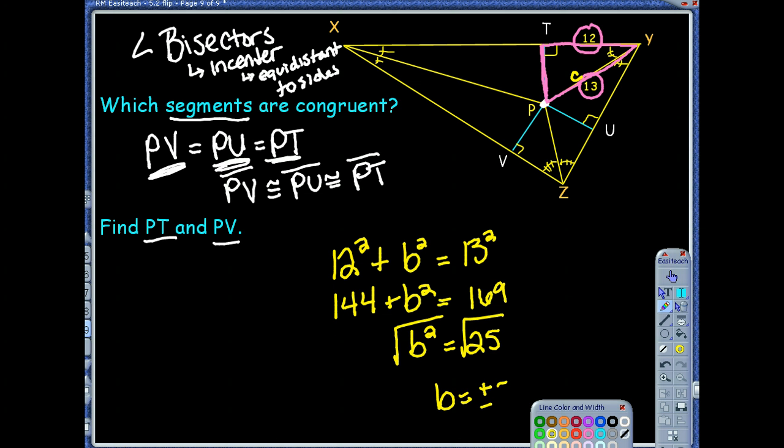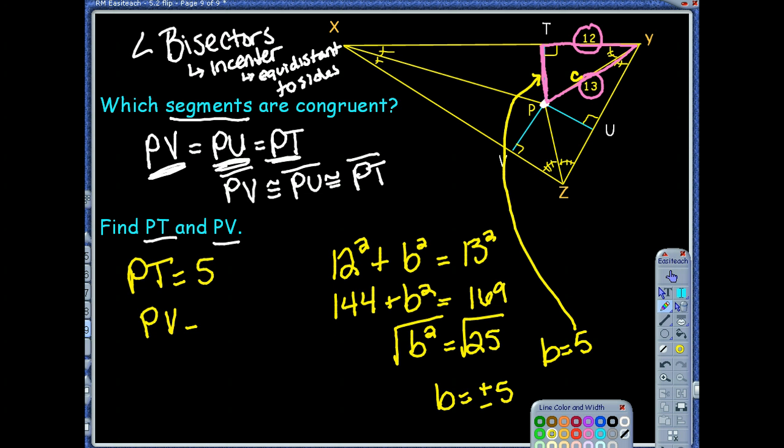Technically it's plus or minus 5, but we're not going to deal with a negative side length. So B is actually 5, which is PT. So PT is equal to 5 and PV is equal to 5 because they're the same measure. You could even say PT equals PV, which both equal 5. However you want to write that is fine.